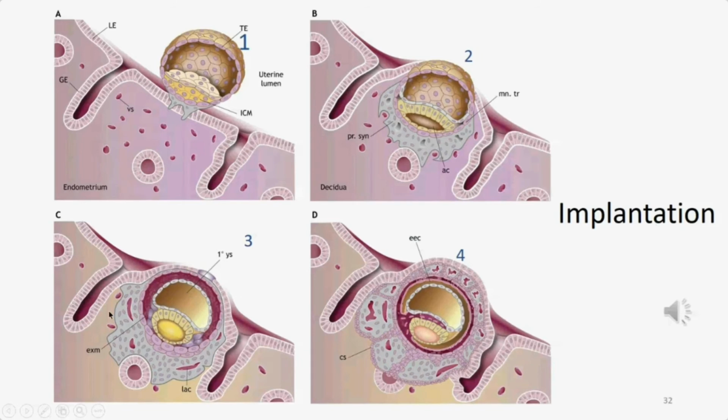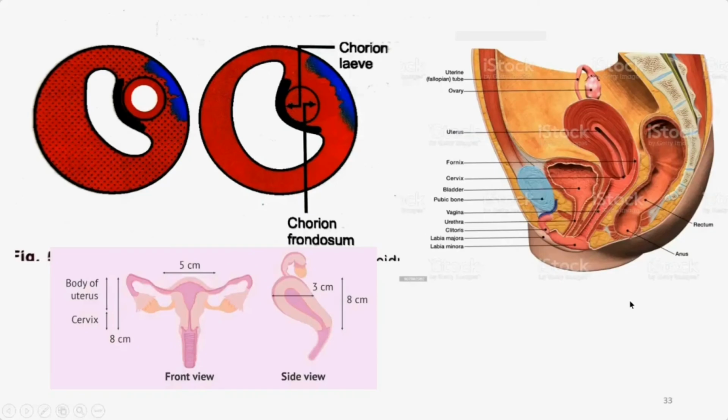In the third figure, it is implanted within the uterine wall, and we can see the uterine endometrium, decidua basalis, decidua capsularis, and the peripheral part, the decidua parietalis. And in figure 4, you can see the further development of the embryo.